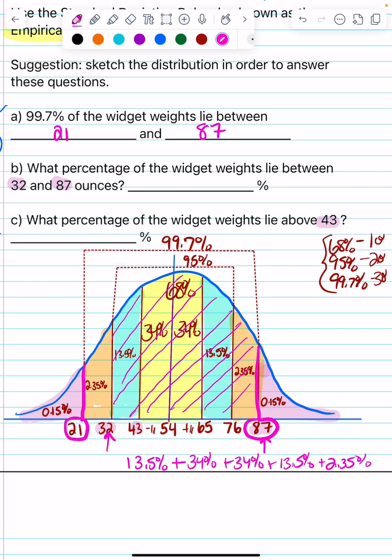So we're going to add all that together, and so that would be the same as 99.7 minus 2.35. There's more than one way to get these answers, right? You can use some subtraction as well to get them. 97.35%.